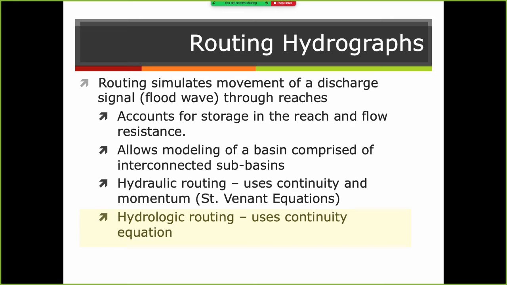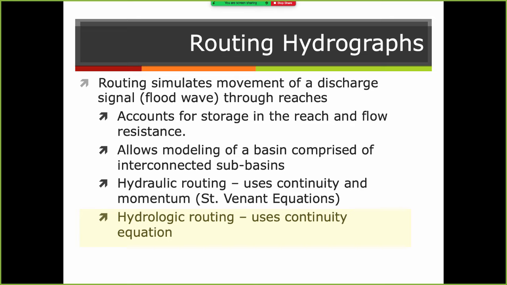So routing hydrographs is the process where we're going to simulate the movement of a discharge signal through reaches. Now, reaches can be a stream or a creek or even a reservoir, like a large water storage reservoir or a water ski basin that performs additional duty for hydropower and drinking water supply, but it was really built for water skiing.